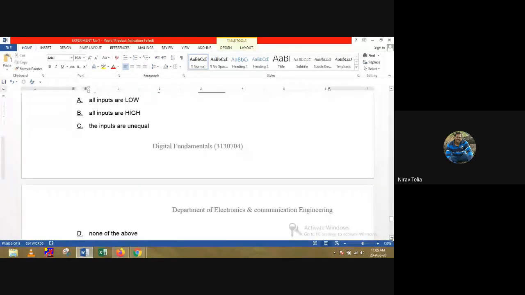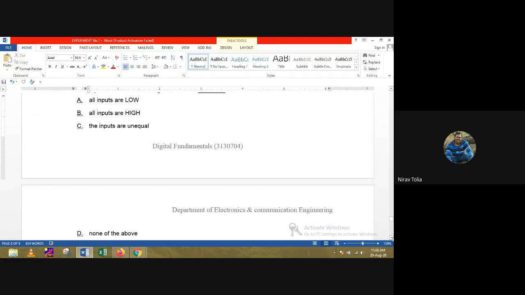Output of exclusive OR gate. Okay, Parthiv gives the right answer, Keyur gives the right answer. When the inputs are unequal, then the output of the exclusive OR gate is high.